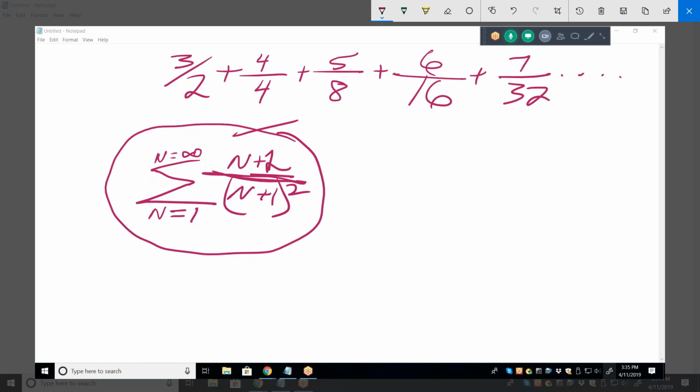Let's see. What do I need this to be? Square root of n? I think so. Square root. No? N squared.